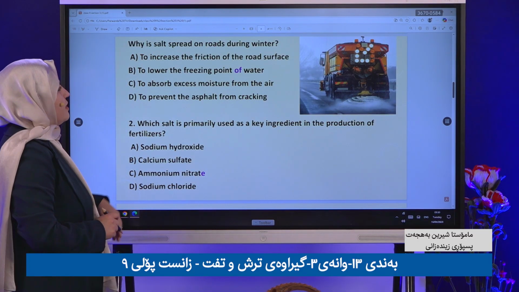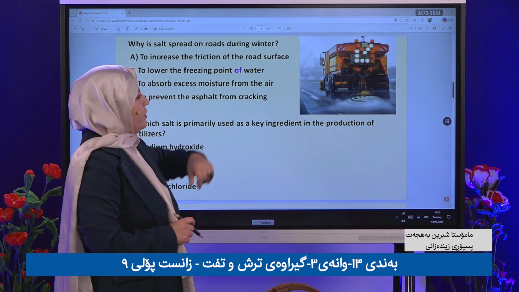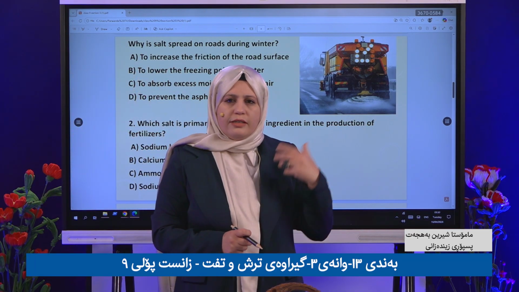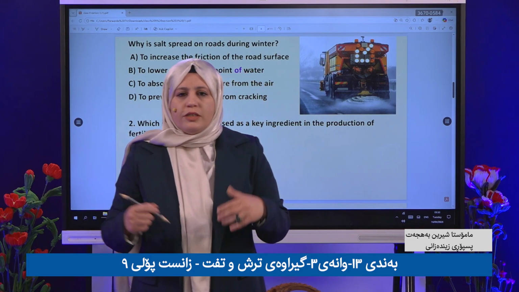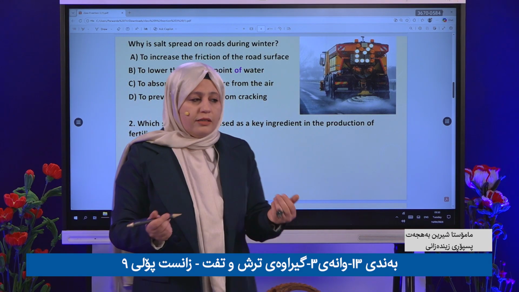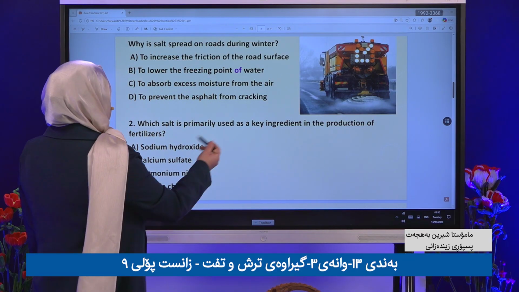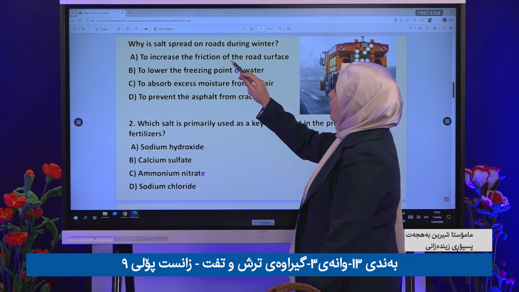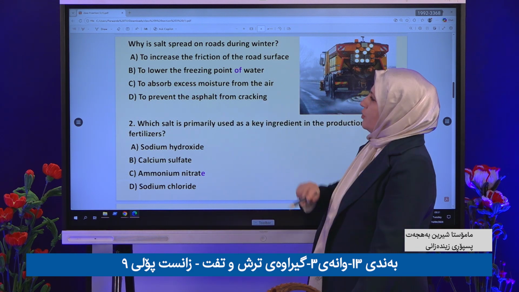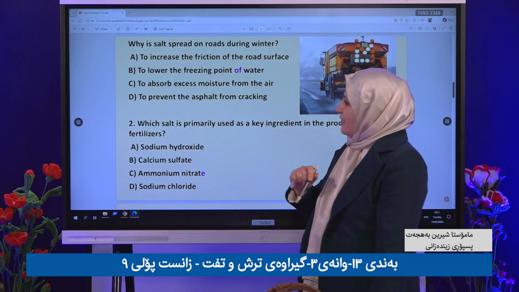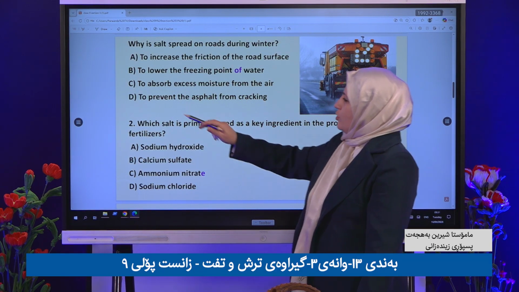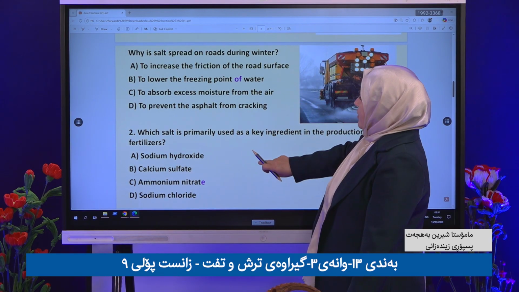Why is salt spread on the road during winter? So during winter, I think not in our country, but in other countries, they spread salt onto the street. Why? Is it to increase the friction of the road surface, or to lower the freezing point of water, or to absorb excess moisture from the air, or to prevent crashing?